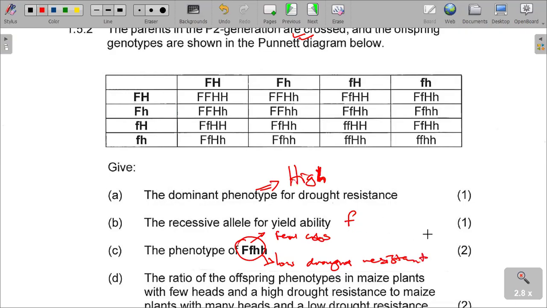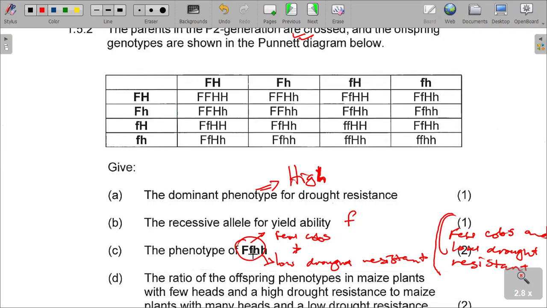So our phenotype is just given as few copes and low drought resistant. That's what you need to do. You are giving the interpretation, few copes and low drought resistant, is what you are interpreting.